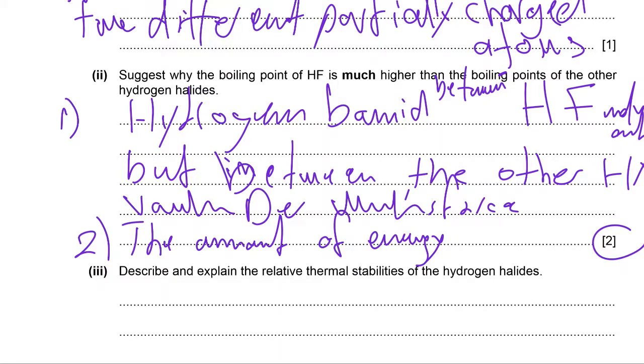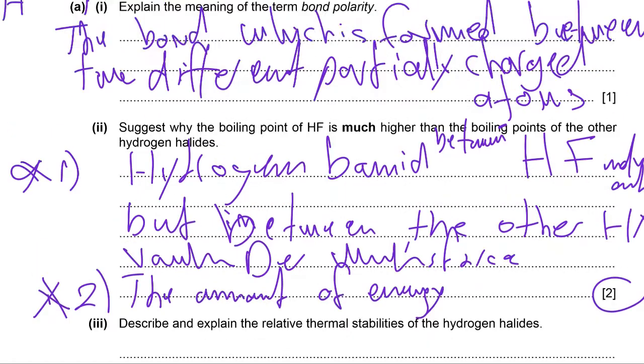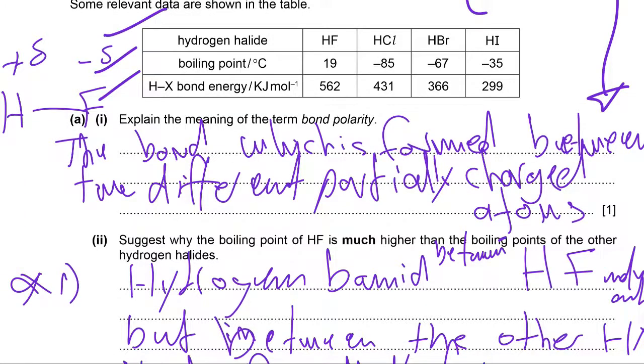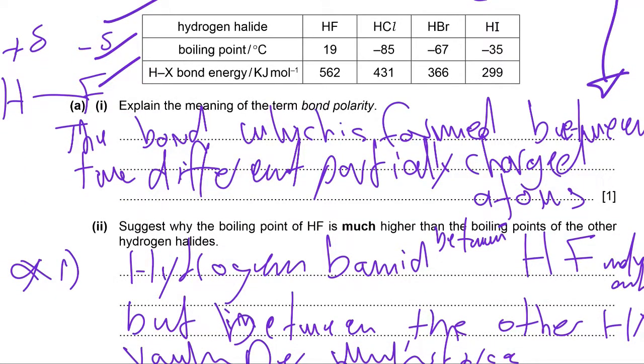So you need to talk about the amount of energy to break the bond and the type of the intermolecular force. We can see here in the table the boiling point and melting point. The boiling point of HF is very high if you compare it with the others.